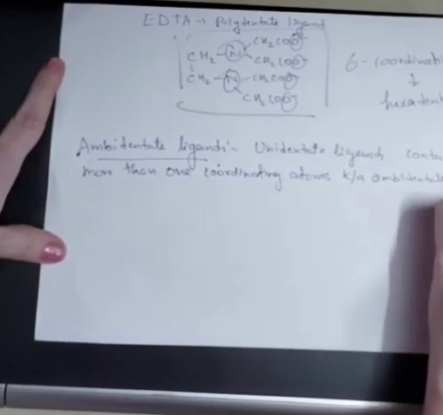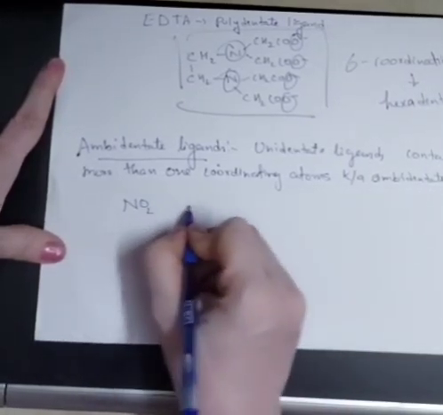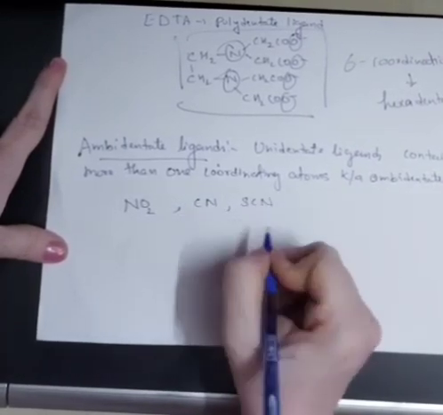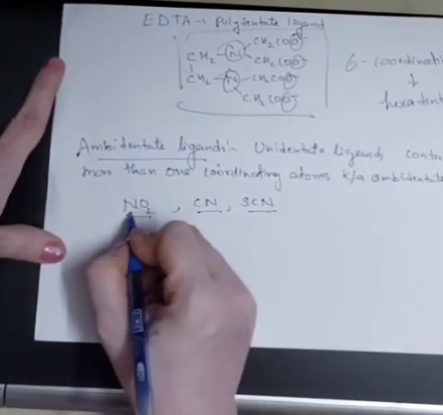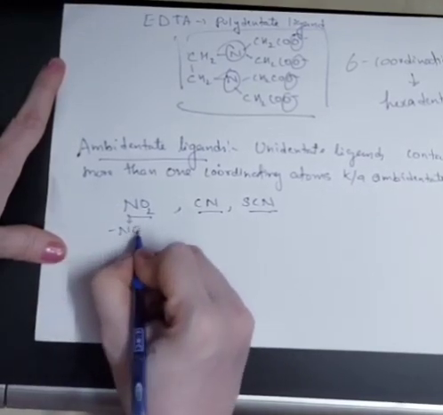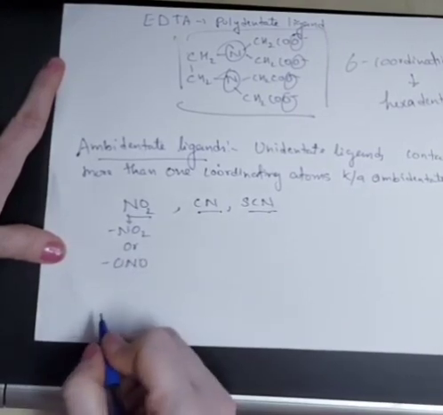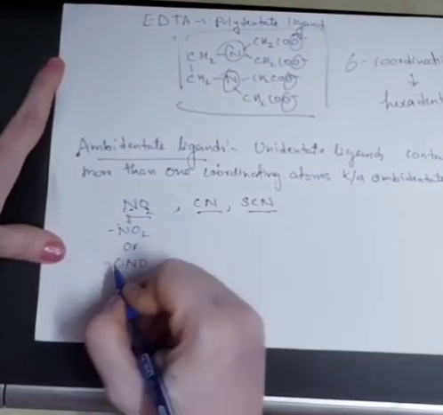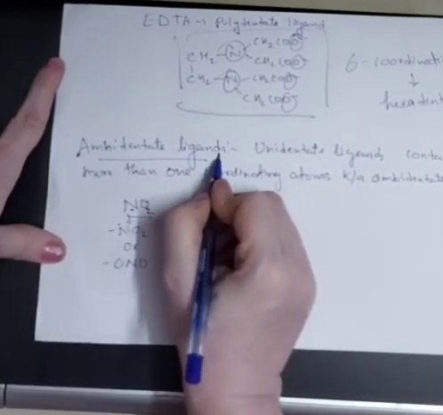It means what? Now look here. There are some molecules like NO2, CN, SCN. In these molecules, the bond can be formed in NO2 either by nitrogen or with oxygen. So you can see in the same molecule, either nitrogen or oxygen can bind. So that's why it is called an ambidentate ligand.